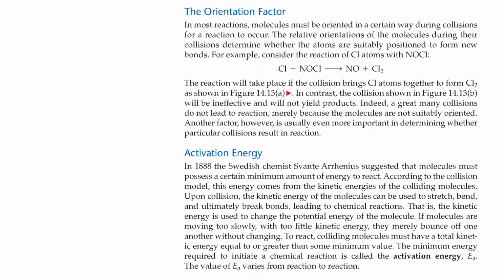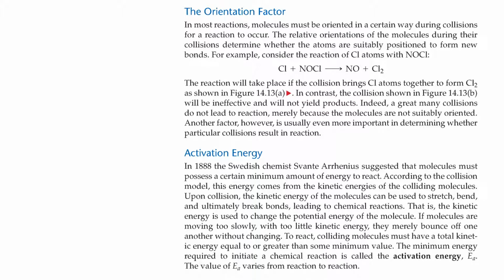The orientation factor. In most reactions, molecules must be oriented in a certain way during collisions for a reaction to occur. The relative orientations of these molecules during their collisions determine whether the atoms are suitably positioned to form new bonds. For example, consider the reaction of chlorine atoms with NOCl.